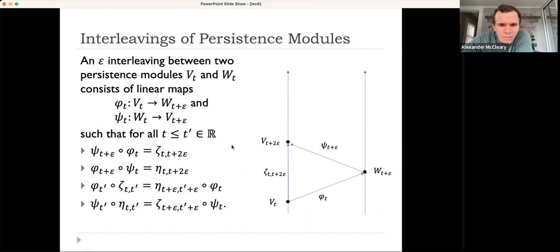Okay, and then we also have these two conditions here. So these two conditions are telling us basically that these maps phi_t and psi_t are just respecting the structure maps of our persistence modules in general. So we're not going to spend much time on this condition, but it is a condition that we have to assume.